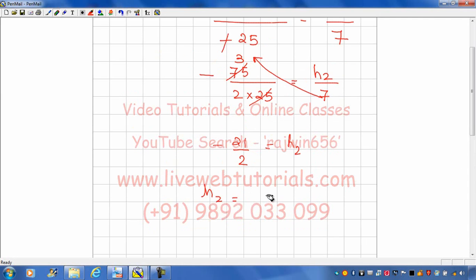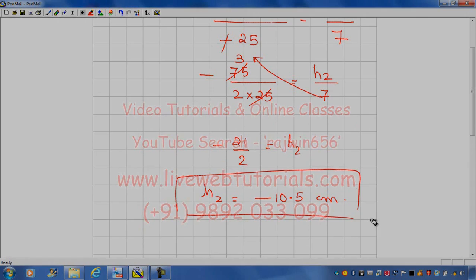So h2 is equal to minus 10.5 centimeters. Okay, the negative sign indicates that it is an inverted image. Okay, so obviously the nature of the image is going to be real and inverted. The height of the image is going to be 10.5 centimeters.